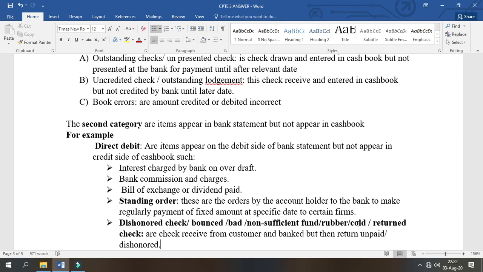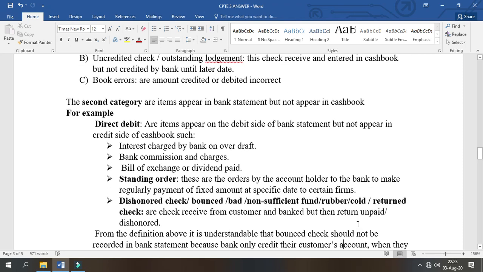When PATERA TV Limited Company banked that check, the bank saw that the account had insufficient funds, and then returned or dishonored the check to PATERA TV Limited Company.